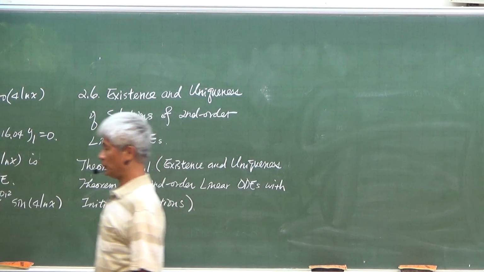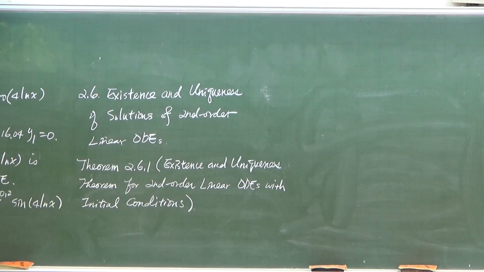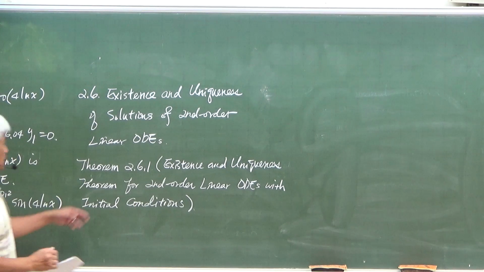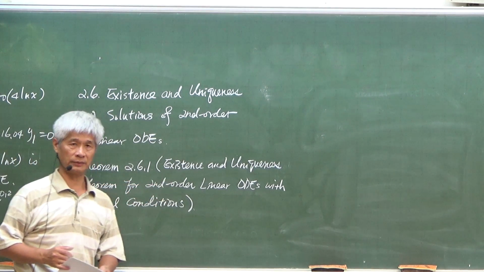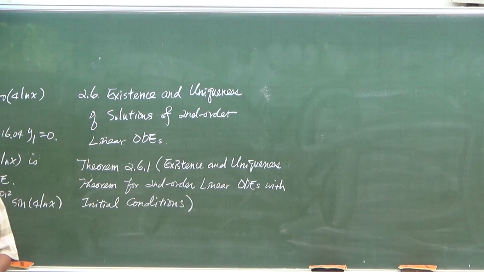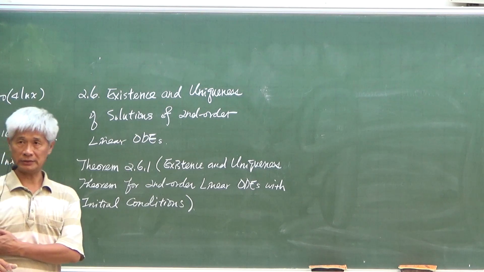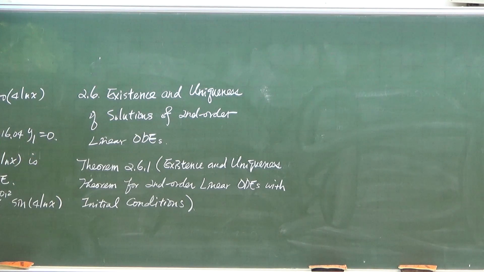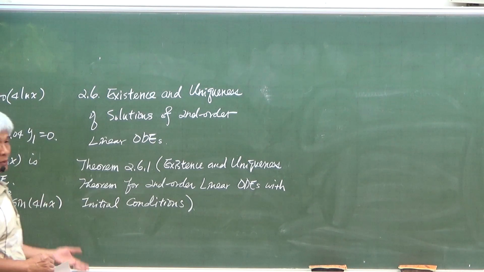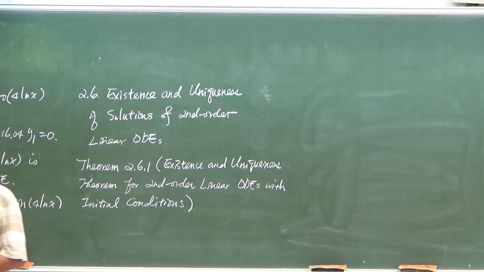The reason why we have to state such existence and uniqueness theorem is that even though we have applied technique to solve several classes of homogeneous linear second order ODEs, we still don't know, can we solve any arbitrary second order linear ODE. Right.